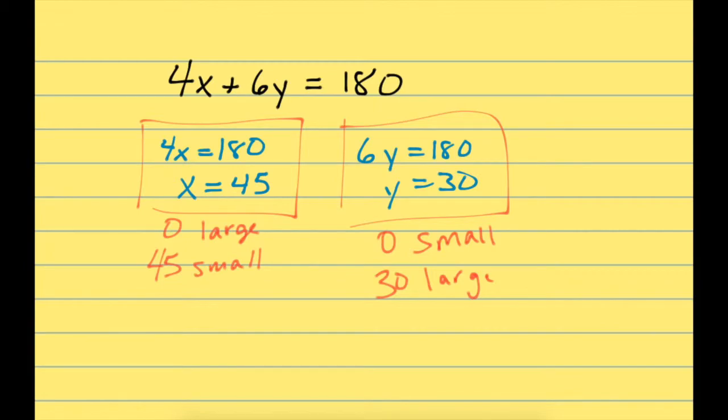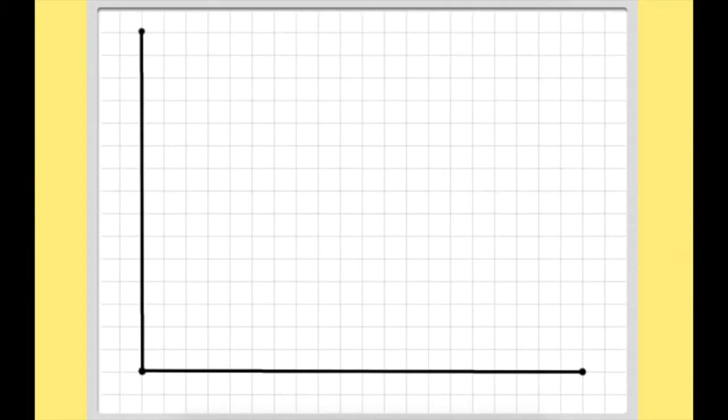Second part asks me to graph the equation. Now, since I can't rent a negative number of tables, I'm going to only use the positive axis. I'm going to let every other one here represent 5. So, since my x-intercept was 45, I've got to count my way out to right here.